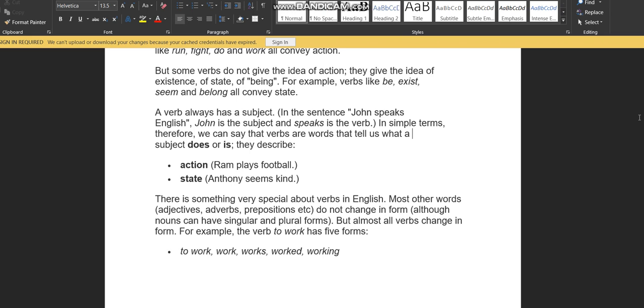For example, the verb to work has 5 forms: to work, work, works, worked, or working. So these are different forms which can be written.